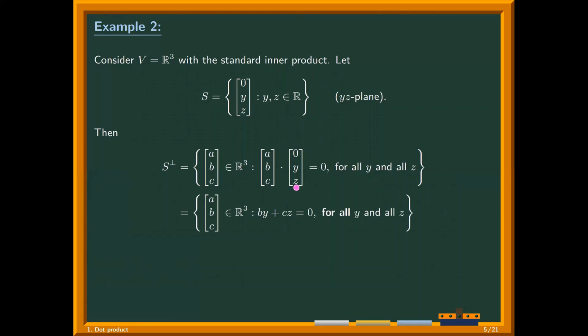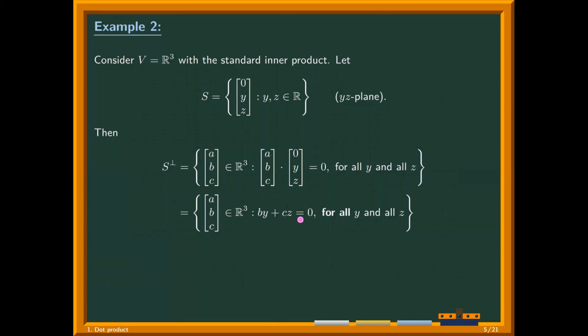By definition of the dot product, this expression can be written as by plus cz equals 0. So we want to find all vectors (a, b, c) such that the second and third components, b and c respectively, satisfy by plus cz equals 0 for all real numbers y and all real numbers z.